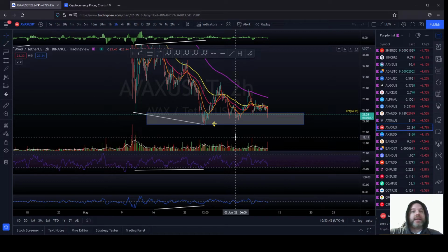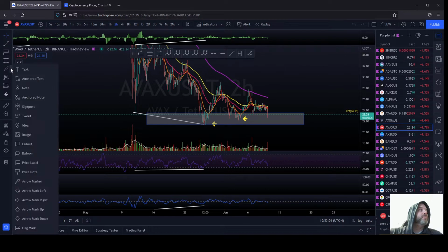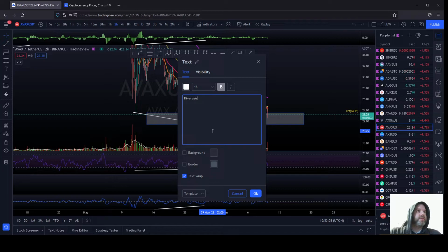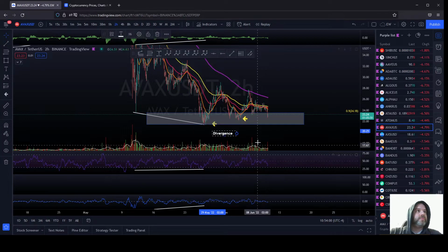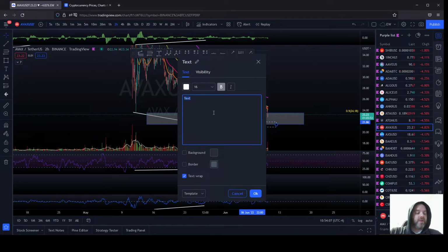So in this case, you have right here, this would be the retest. Okay, let me just type that out. This is the divergence. This is the retest.